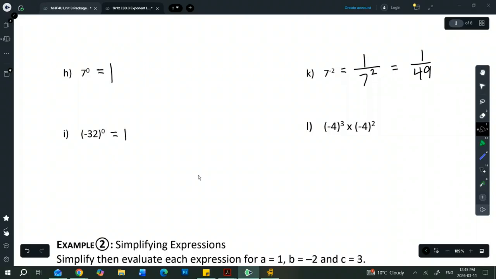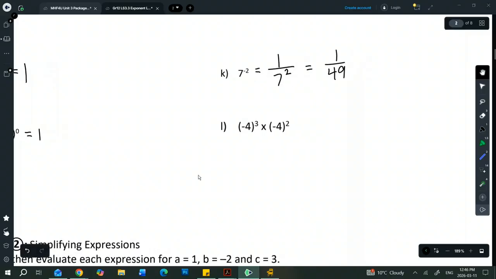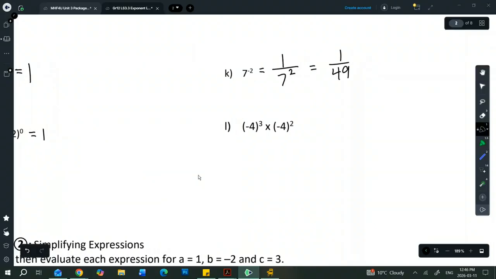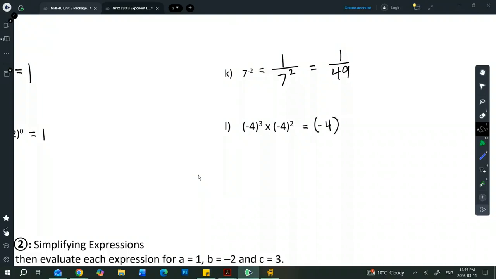Okay, and then what exponent rule are we using for L? Okay, so keep the base and you add the exponents if you're multiplying like bases.